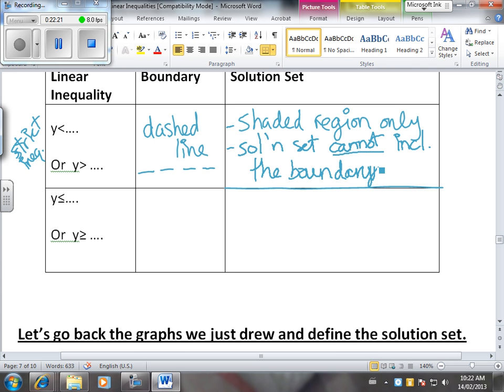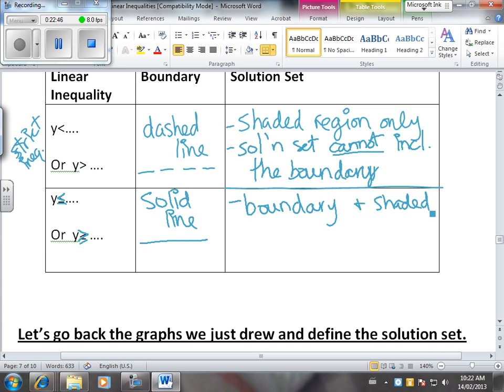Okay, and then here if you have y is less than or equal to or greater than or equal to, you use a solid line. A solid line. And here you shade, or the shaded area and the boundary, sorry, boundary and shaded region form the solution set, or are included in the solution set.